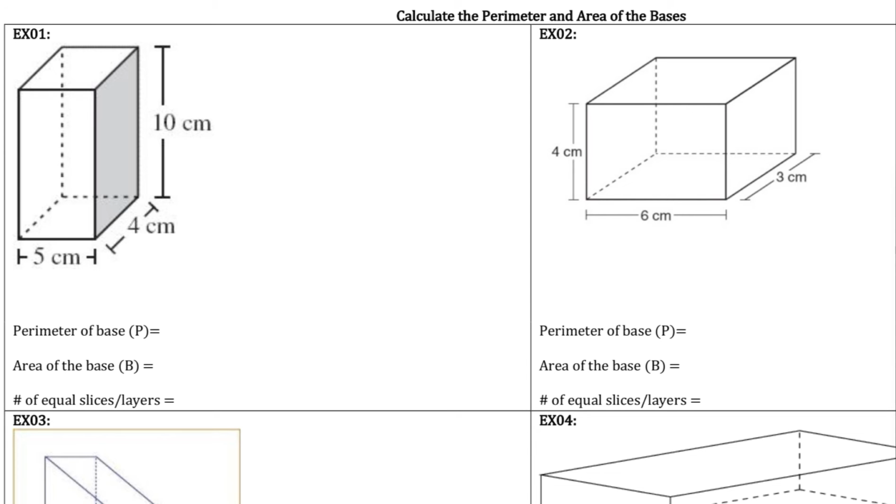All right, so let's calculate the perimeter and the area of the bases. First thing I want you to do is shade the bases. So that's my base, and that's my other base. Now I want you to always draw the base.